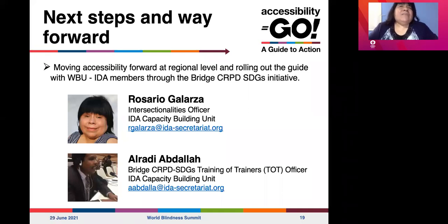And the other thing that is very important for me is not only to disseminate this guide among persons with disabilities, we need to try to develop some commitments from the stakeholders. Stakeholders need to have the knowledge that accessibility is the only way that we can ensure the full exercise of the rights of persons with disabilities, but not only persons with disabilities, but also persons with different diversity backgrounds and diversity knowledge.